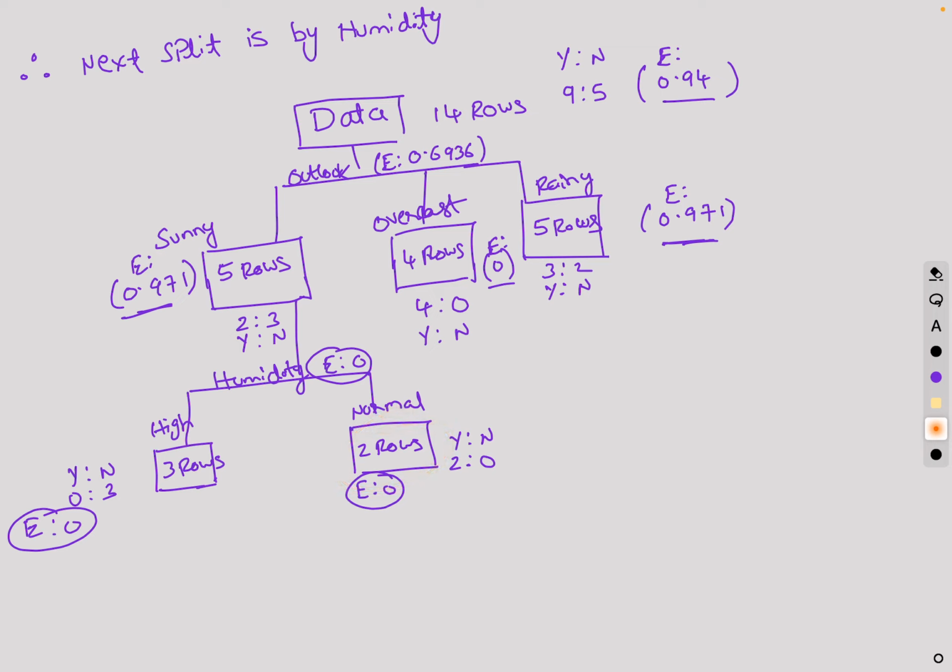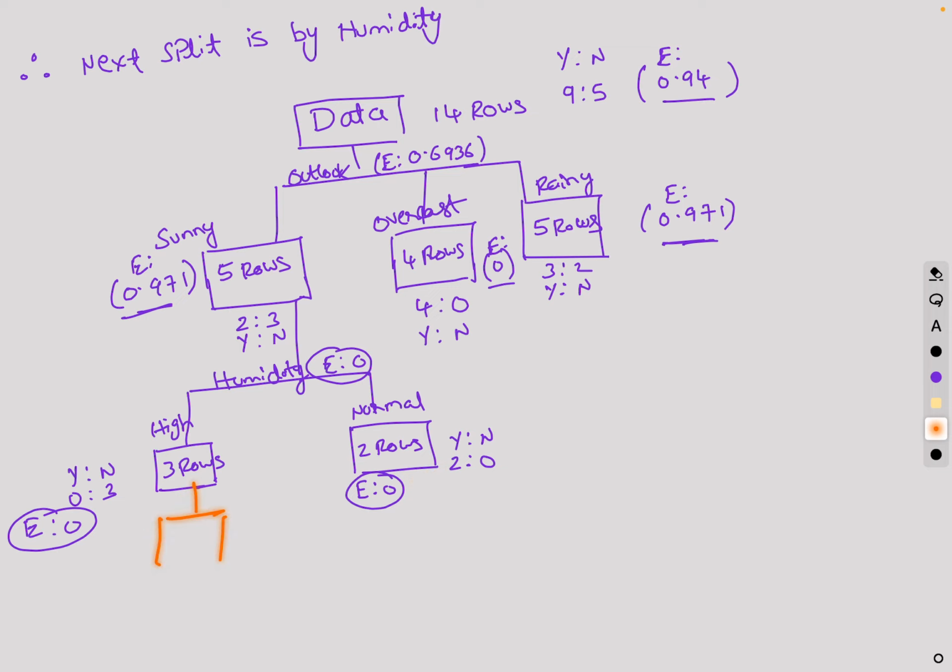Because that's obvious, because initially you had 14 records, and when you divided, you have some records here, some here, and some here, and then again you divide this further, so some records will go here and some will go here, and so on. So as the depth of the tree increases, the number of records will keep on reducing under each subset, right? And you can call this a leaf node, because this cannot be split further.